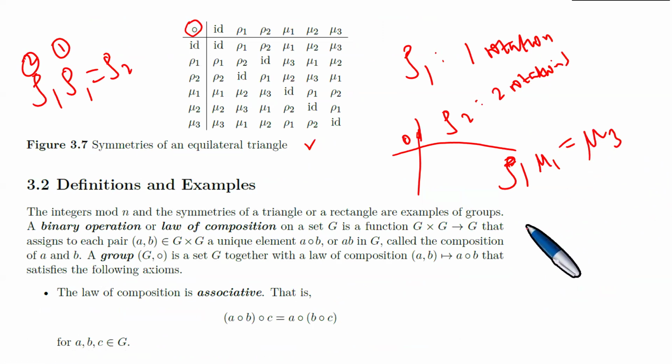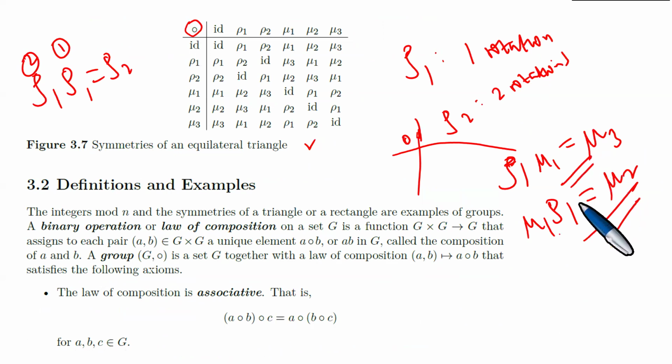Anyhow, if we do mu 1, rho 1, it is mu 2. That's what we experimented with. If you then say mu 1, rho 1, it is mu 2.